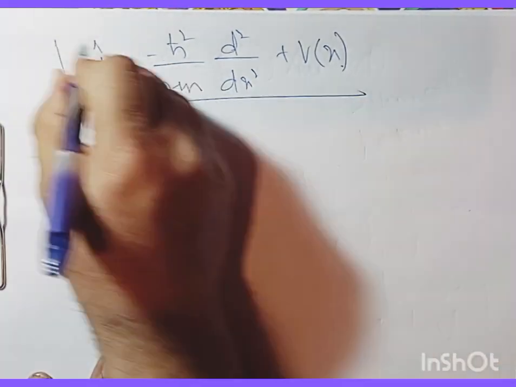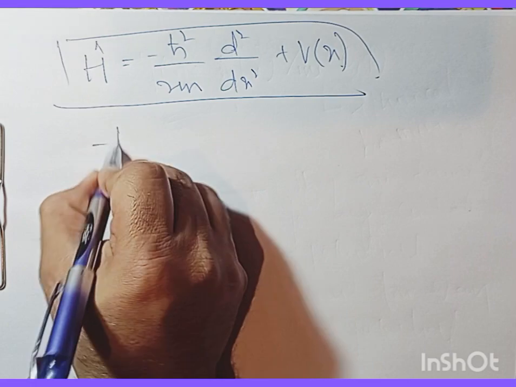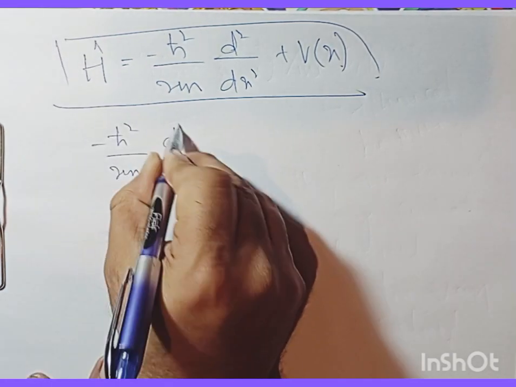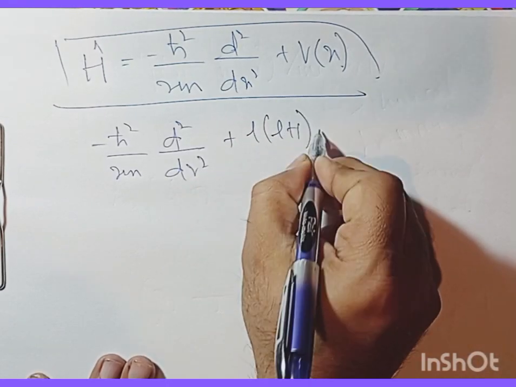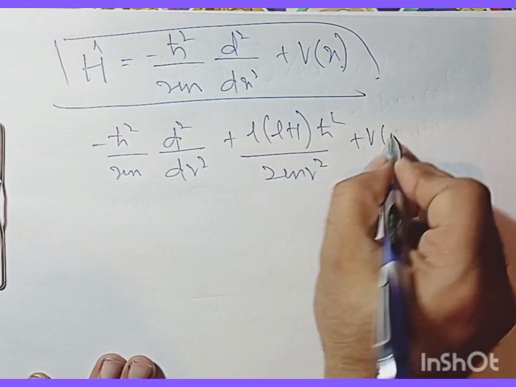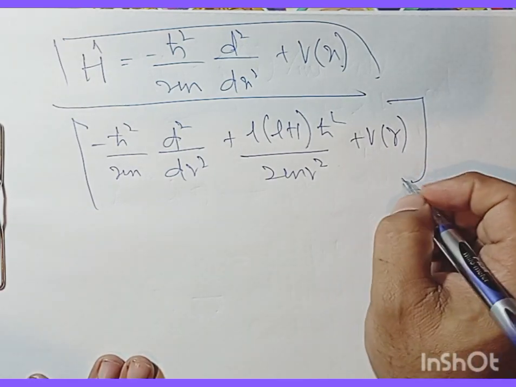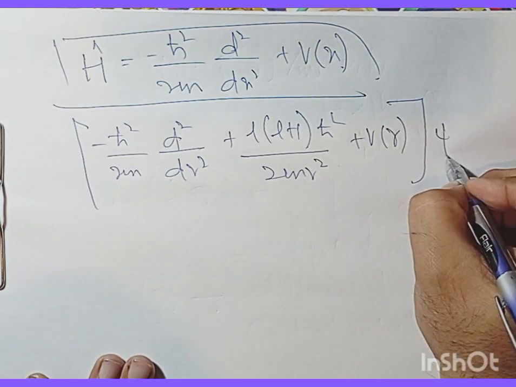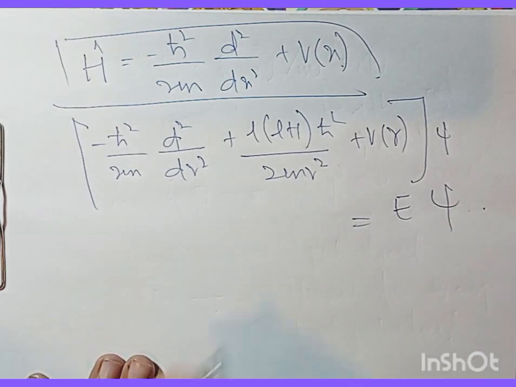And the radial equation of a particle moving in a three-dimensional box will be minus h cross square by 2m d2 by dr2 plus L times L plus 1 h cross square by 2m r square plus V of r, acting on psi, giving E psi.